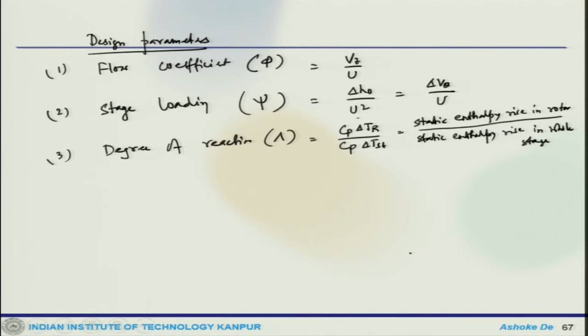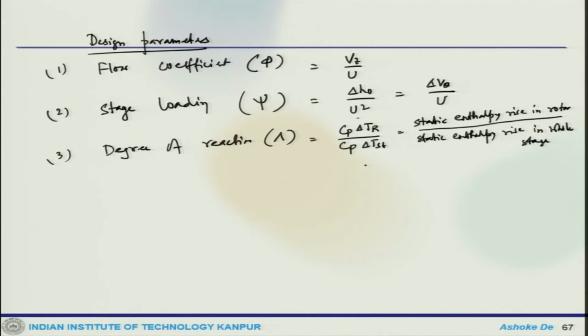If you look at the diffusion, the pressure rise takes place both in the stator and rotor, and it essentially increases the static pressure. So, the total pressure rise could be attributed to both the blade rows.